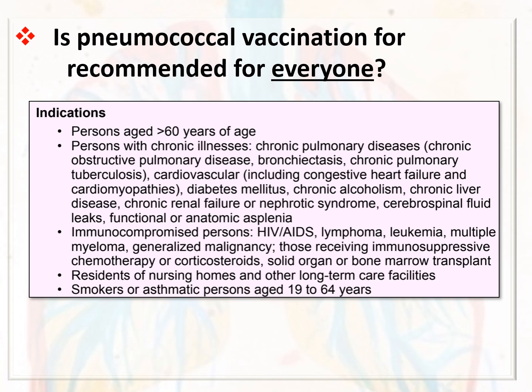Dili siya for prevention. Basi ingon mo nga, magpa-inject ko PPSV23, okay na ko, dili ako magka-COVID. Dili. When you have your PPSV23, you have better chances of not having a severe type of COVID-19 pneumonia.